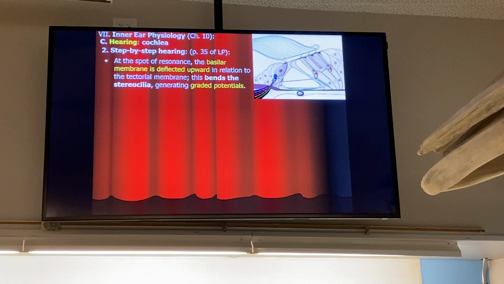And this is when it's going to get different. So I wanted to kind of do it side by side. This is the same thing here. But in retina, the bipolar cell also does graded potential, doesn't it?